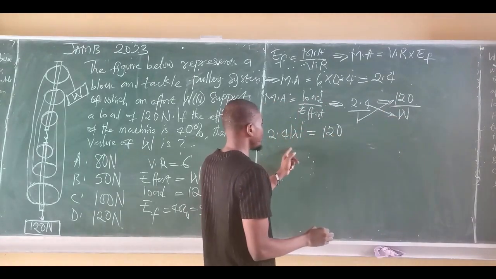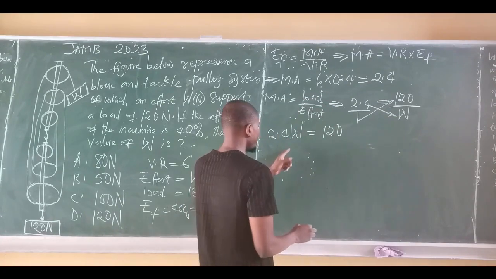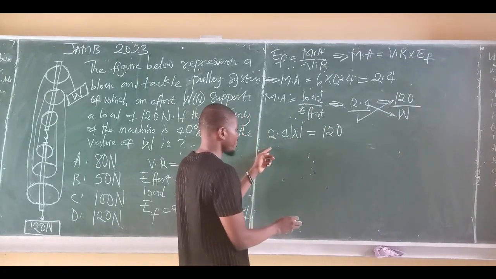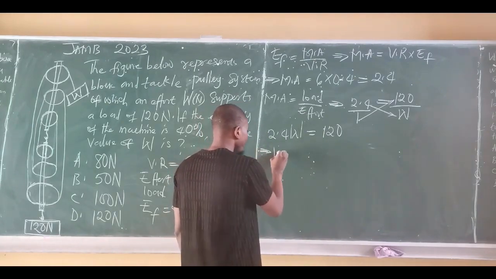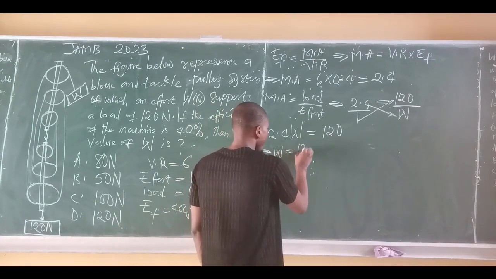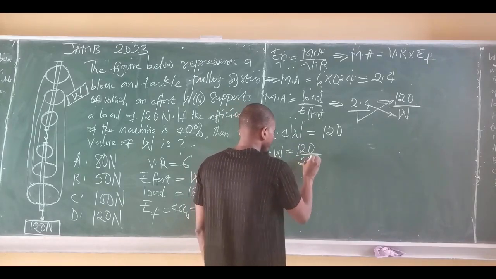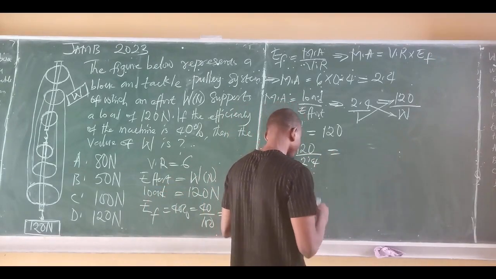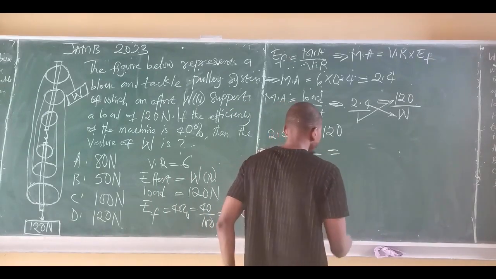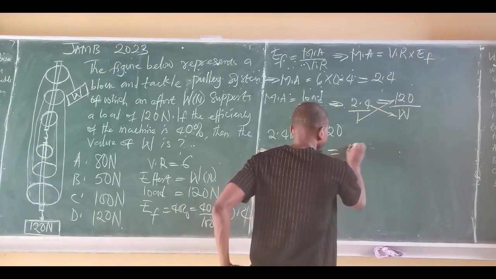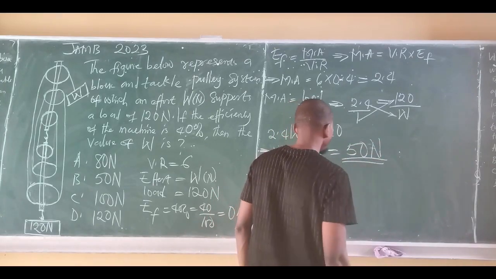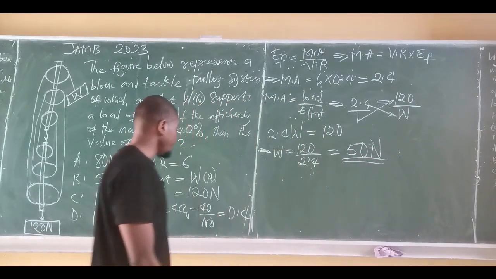So we need to make W the subject of the formula. To do this, we divide both sides of the equation by the coefficient of W, which is 2.4. So the value of W is 120 divided by 2.4, and this simply gives us 50 newtons. So the effort applied, or the value of W, is 50 newtons.